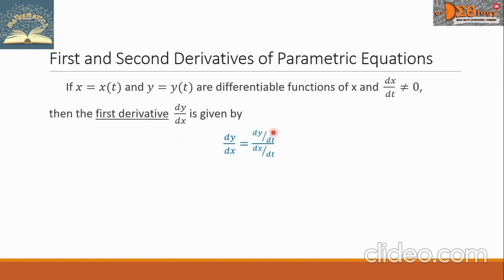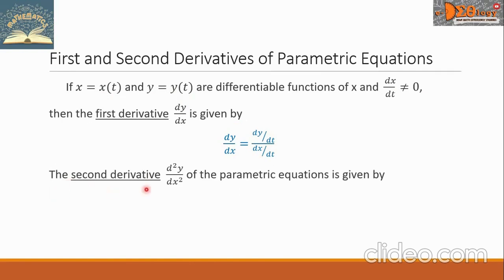This is the derivative of the y function with respect to t, all over dx over dt. This is the derivative of the function x with respect to t.